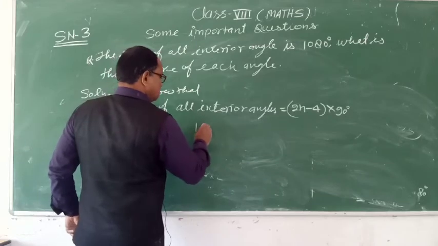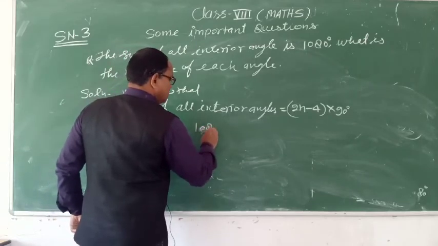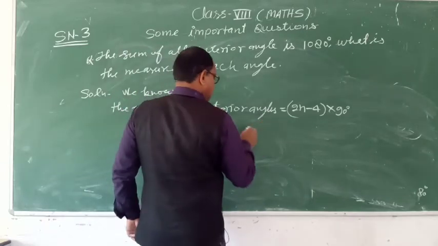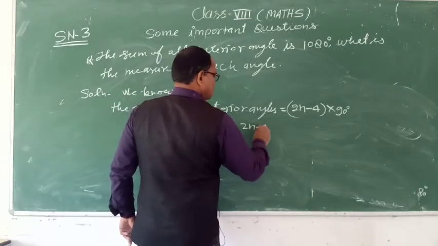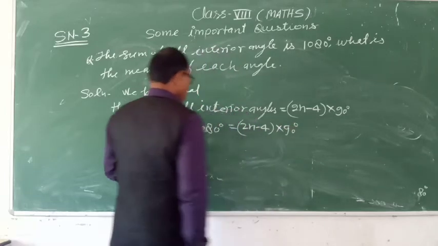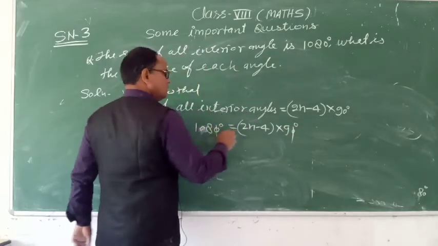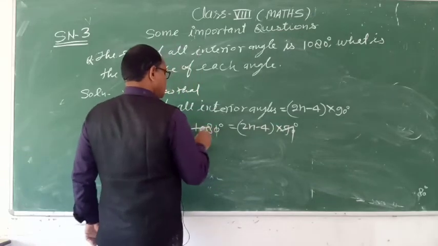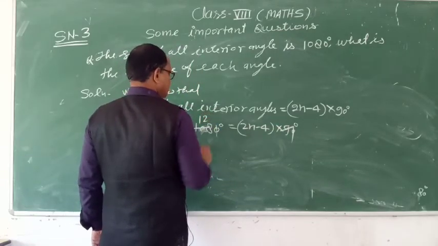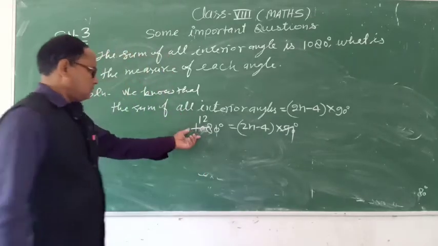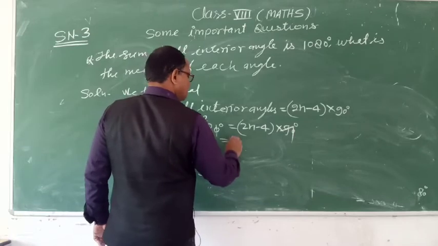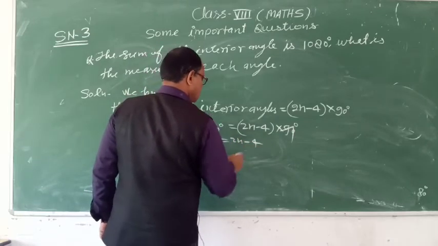Here 1080 degrees is equal to (2n minus 4) into 90 degrees. Okay, here 0 cancels 0, and 9 times 1 is 9, 9 times 2 is 18, 9 times 12 is 108. Here 12 is equal to 2n minus 4.